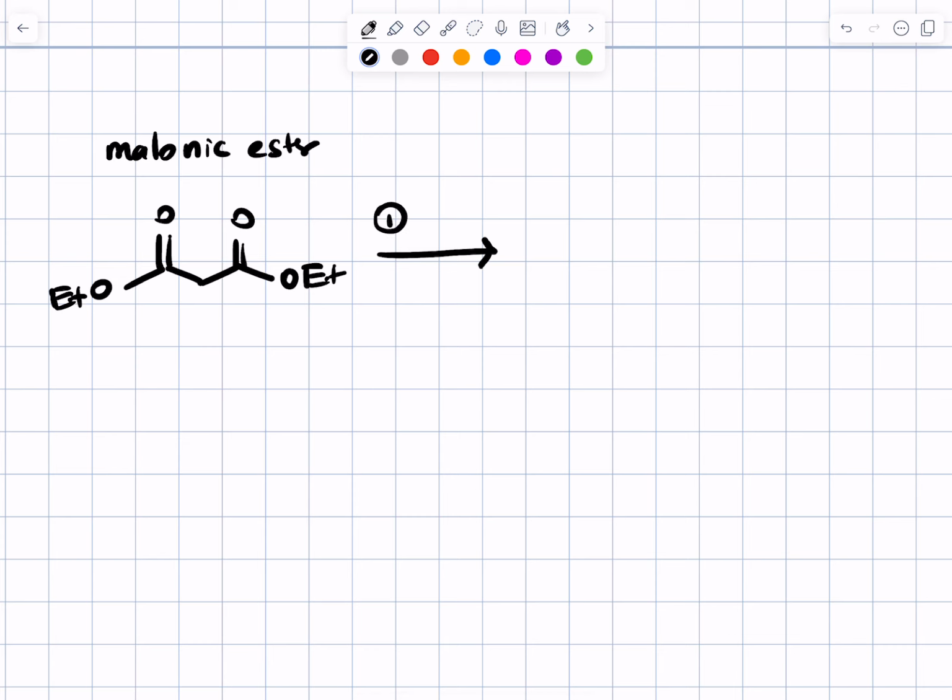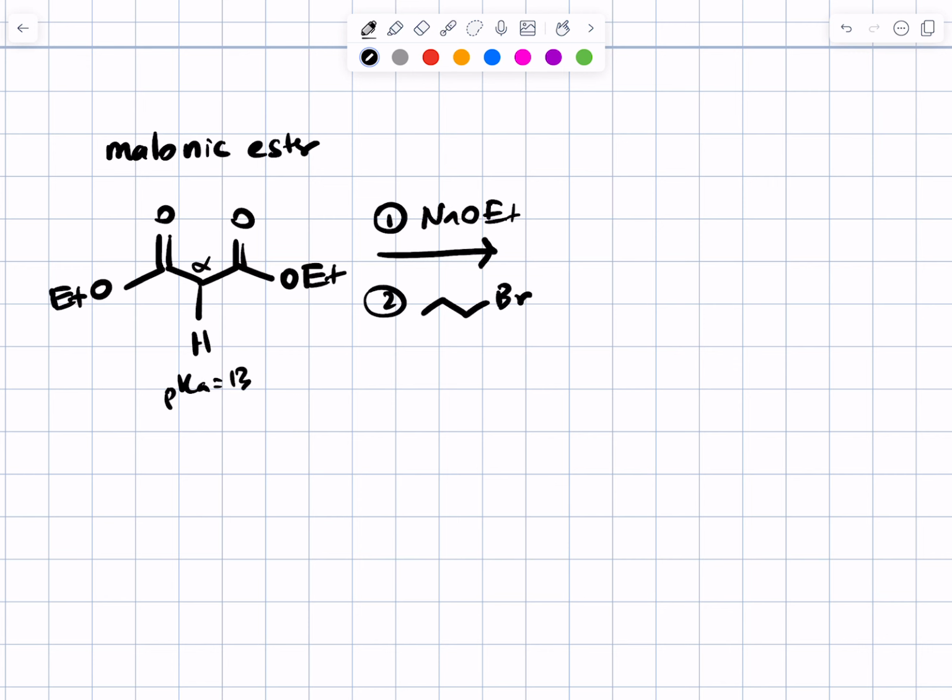Let's just do a monoalkylated product. Let's just, for fun, use a 3-carbon alkyl bromide, except that needs to be the second step, sorry. We'll use a base to deprotonate. The pKa of a proton alpha to 2 esters is around 13.